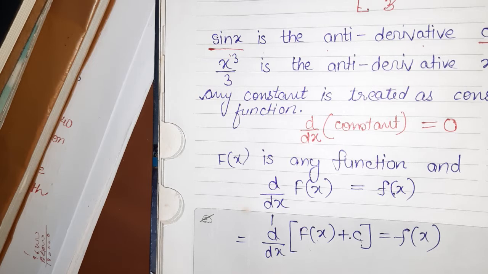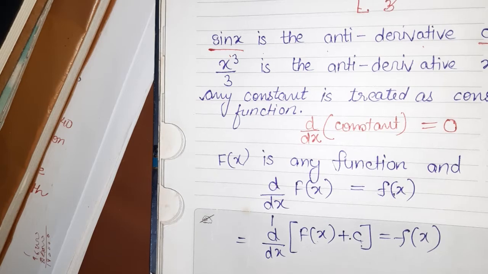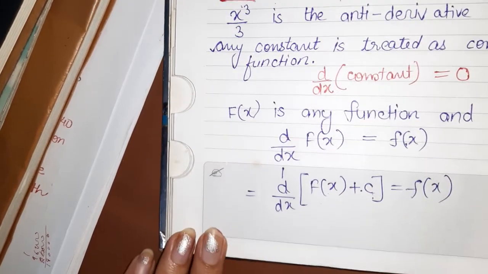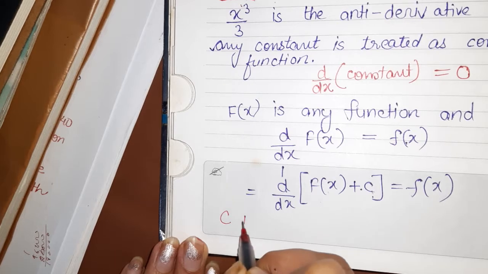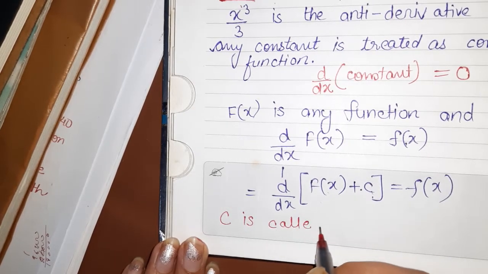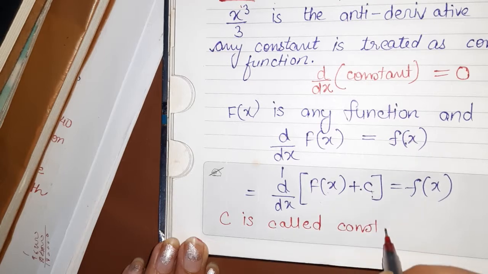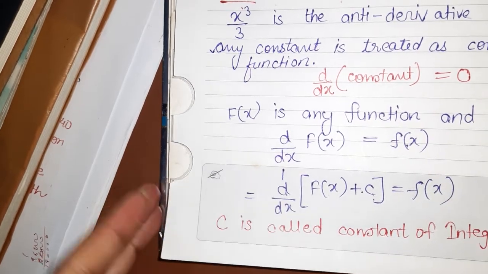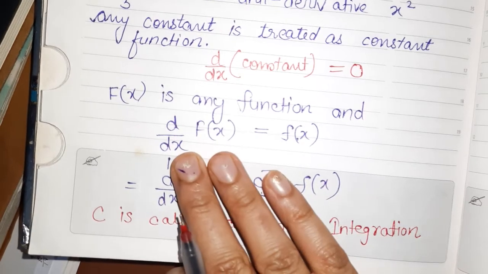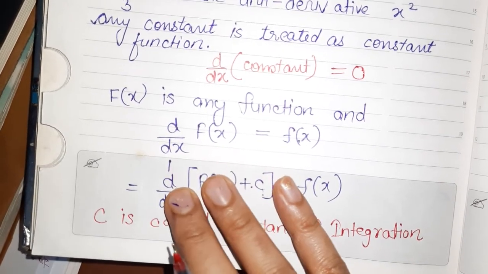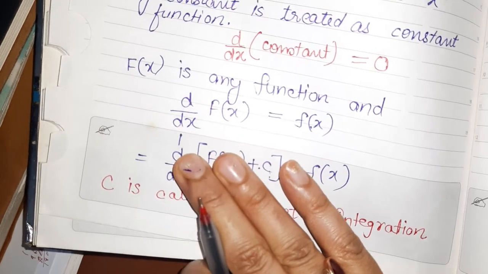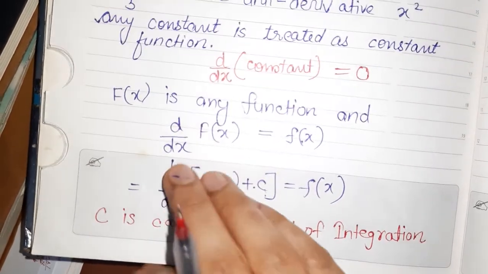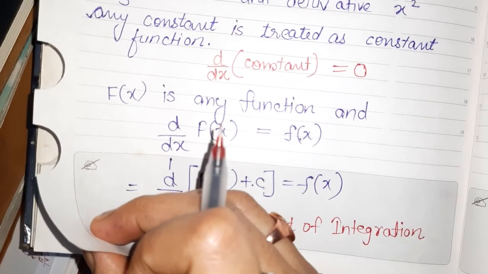In integration this constant c is called the constant of integration. There is one note: functions with the same derivatives differ by a constant.